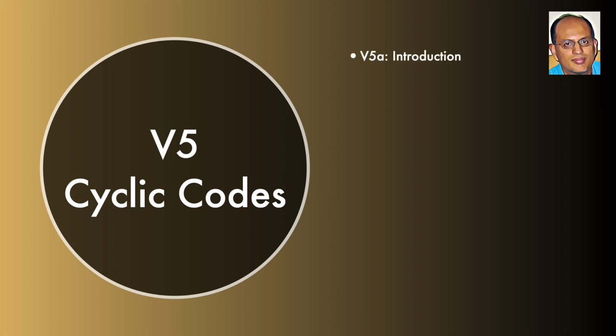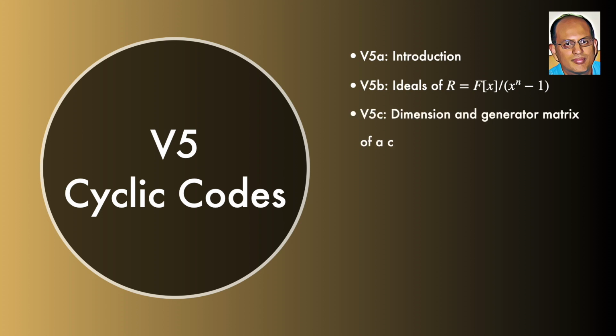I'll present cyclic codes in V5a, where we'll characterize cyclic codes as ideals of a certain polynomial ring. These ideals will be studied in V5b. In V5c and V5d, we'll further study cyclic codes and determine the dimension and generator matrix, the dual code, and the parity check matrix of a cyclic code.